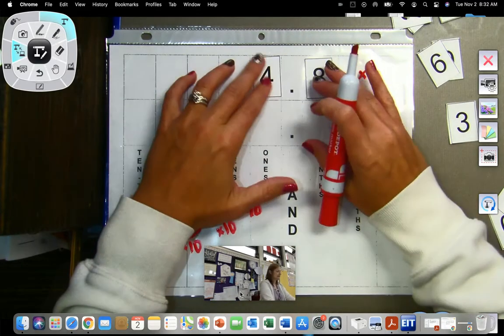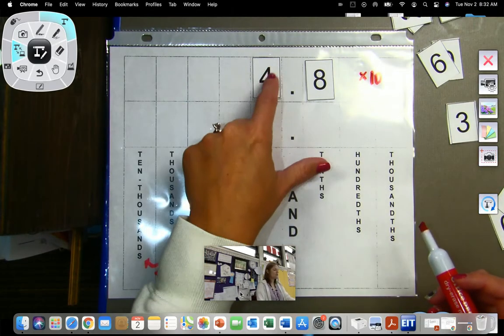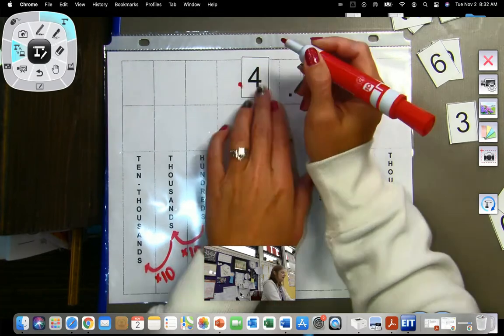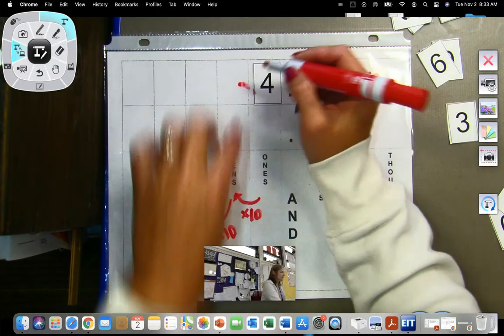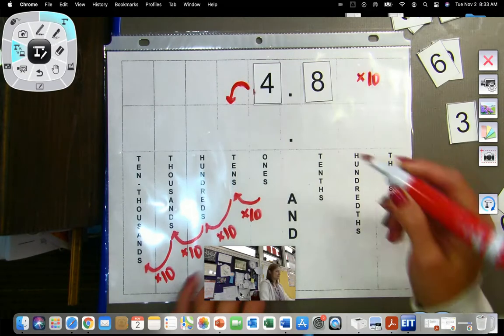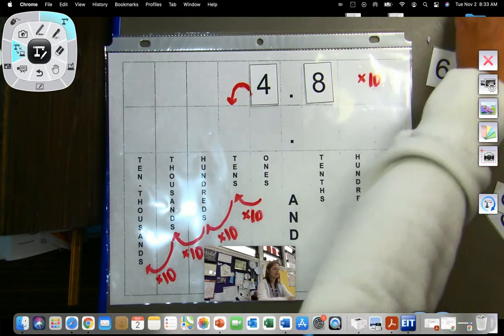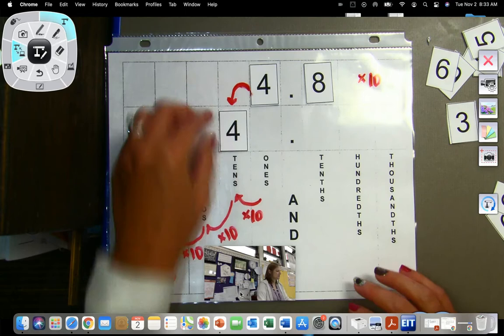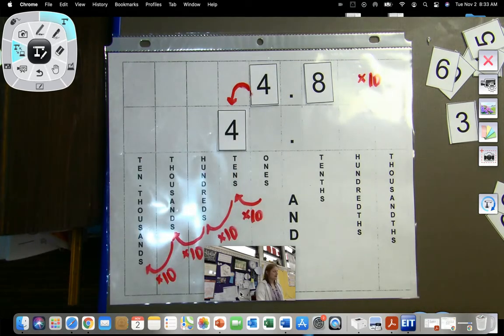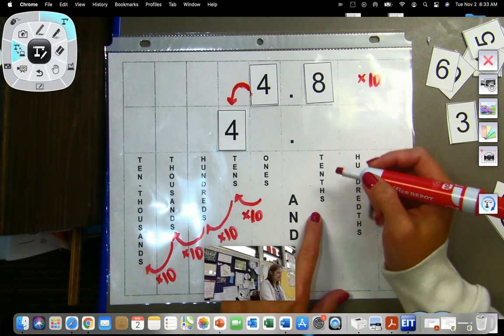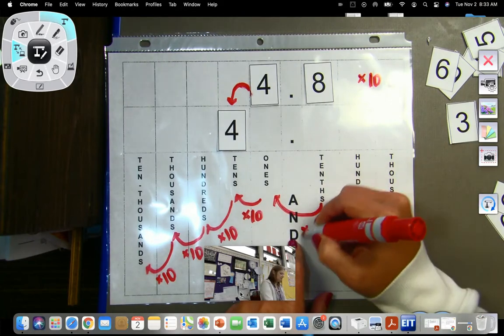So really what that's telling us is when we multiply 4 times 10, we're really going to move that one position over to the left, because the 4 is going to be 10 times bigger. And we know that because of the place value chart that we move one position to the left. So we're going to put our new number 4 down there. Same thing with the 8, right? To go from tenths to ones, it takes 10 tenths to get 1 whole, okay?